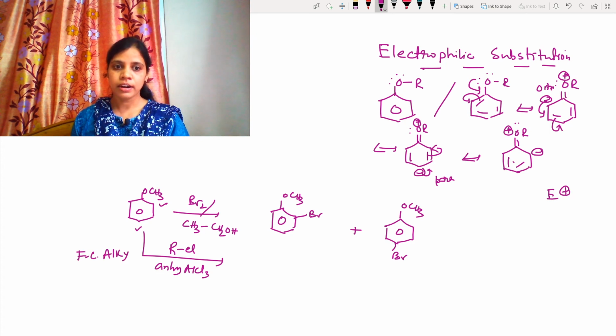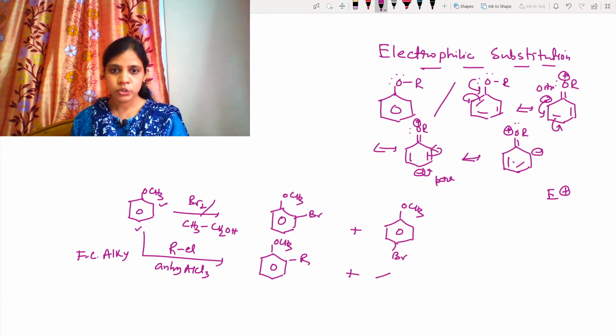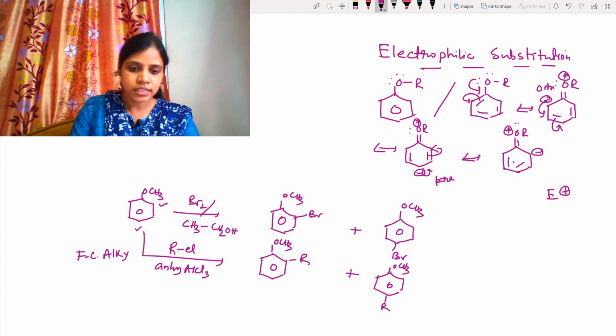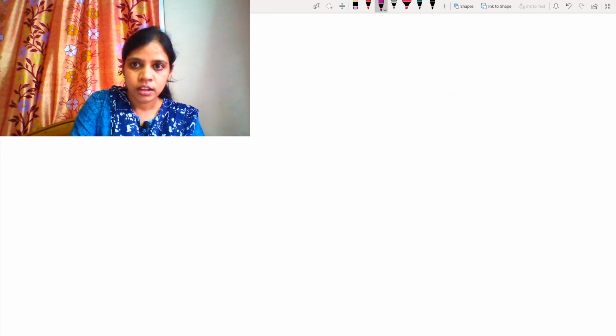Here the alkyl group is the electrophile, and similarly to the previous one, here also we get 2-alkyl methoxybenzene, and here we get 4-alkyl methoxybenzene.